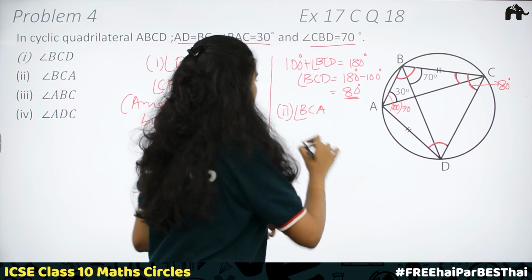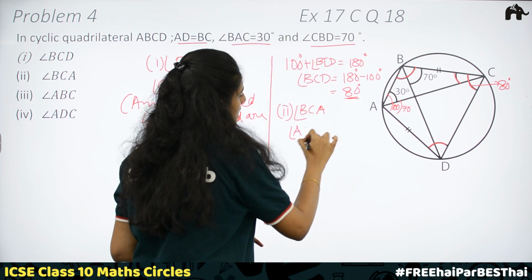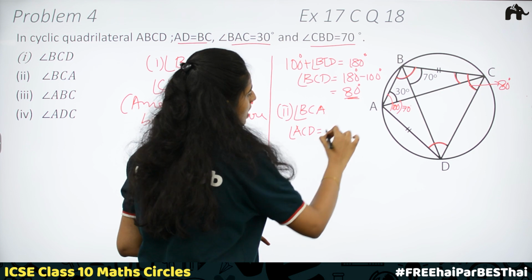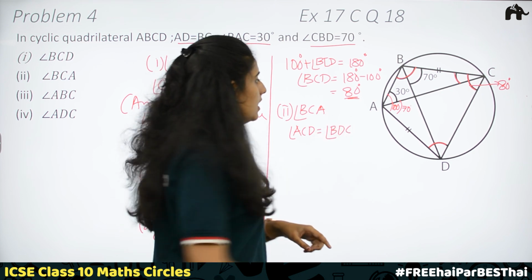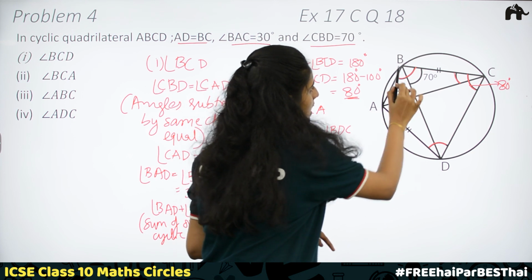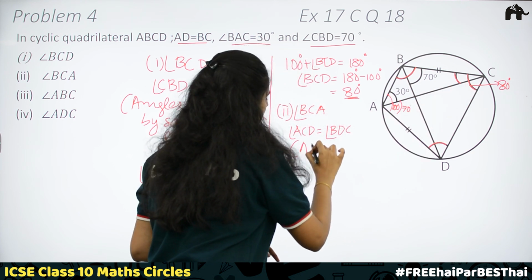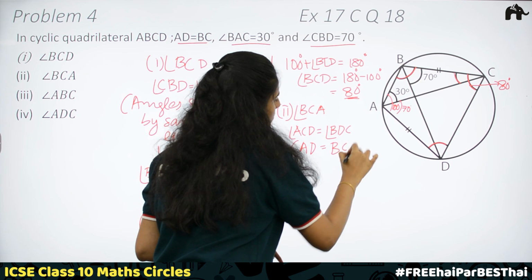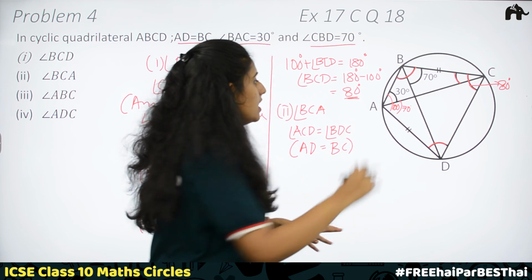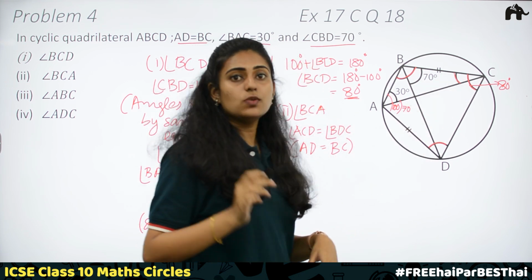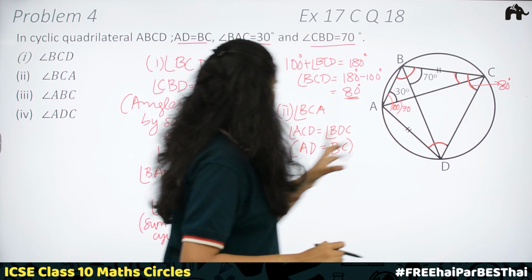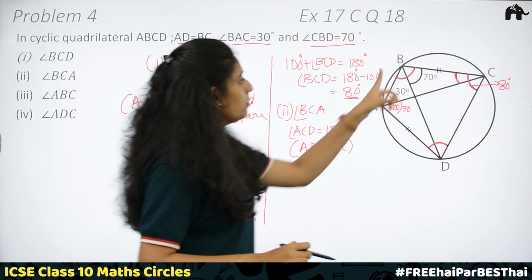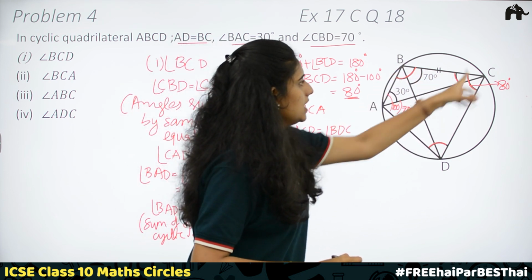Here, I can write angle ACD is equal to angle BDC. What is the reason? It is given in the question that AD and BC are equal. AD is equal to BC. If two sides are equal, then the angles opposite to the sides will also be equal. Opposite to AD, we have ACD. And opposite to BC, we have BDC.